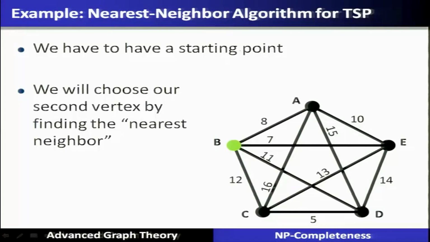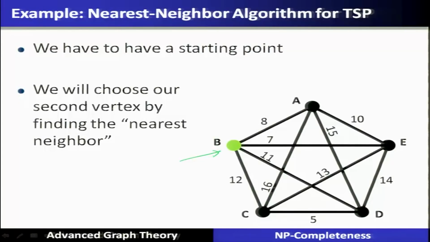Let us take the example of the nearest neighbor algorithm for the traveling salesman problem. Now we have to have a starting point. Let us say that the starting point is the green color vertex B. Now we will choose our second vertex by finding the nearest neighbor.